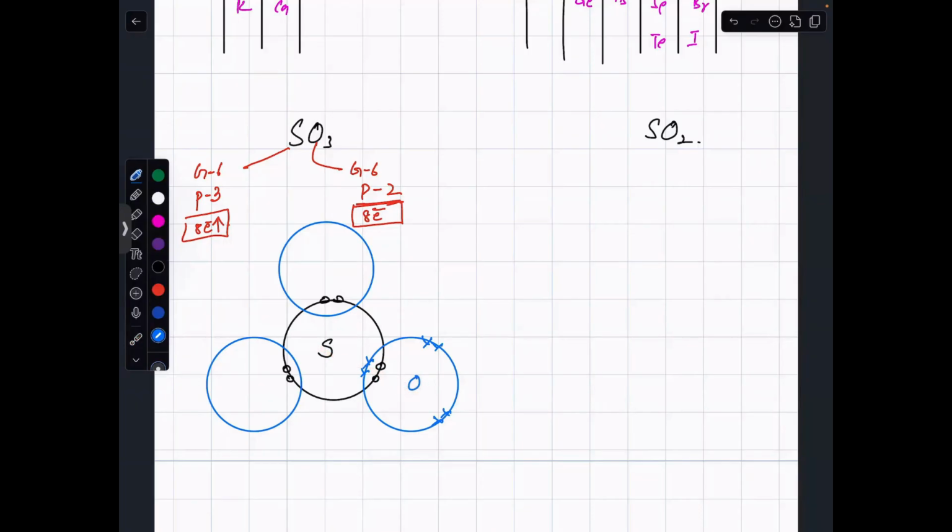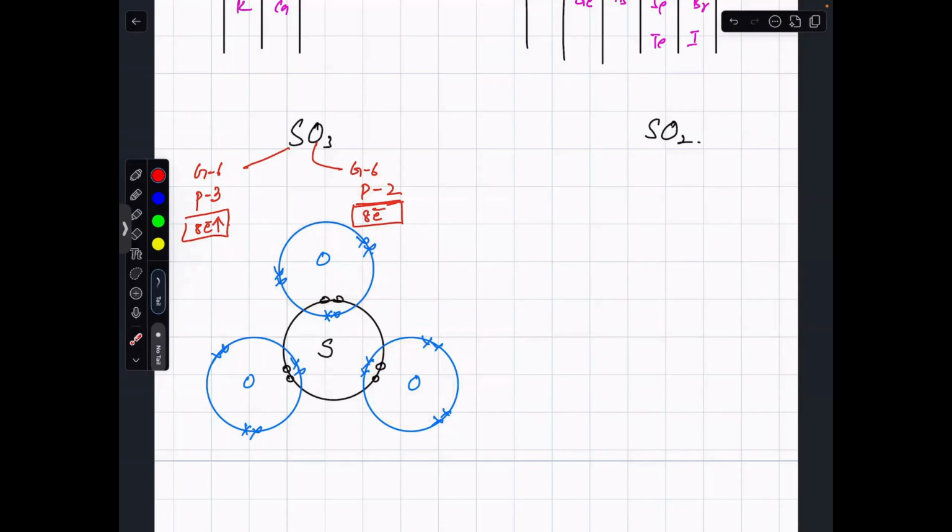Another oxygen, 1, 2, 3, 4, 5, 6. Another oxygen, 1, 2, 3, 4, 5, 6. So sulfur is making one double bond, another double bond, another double bond. Each oxygen has 8. Its octet is complete. It's an element of period 2.